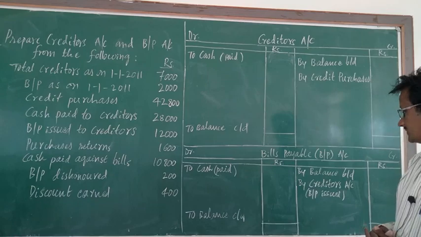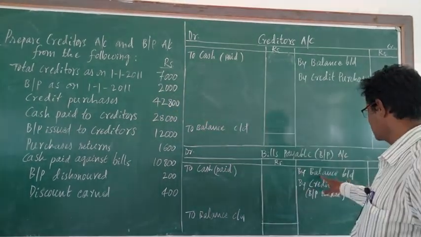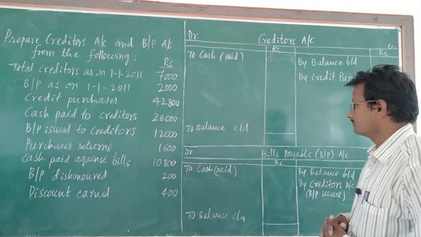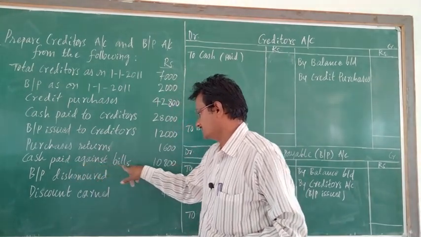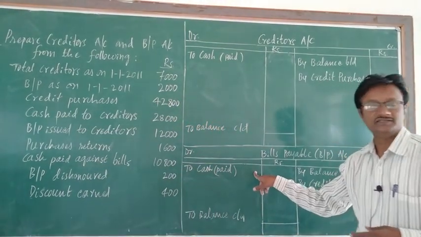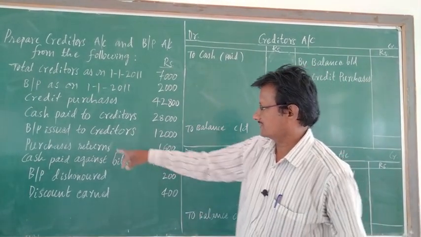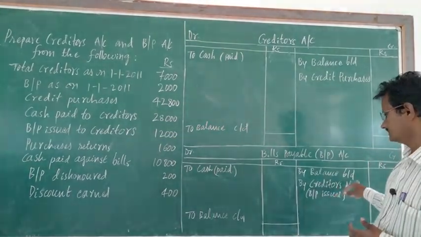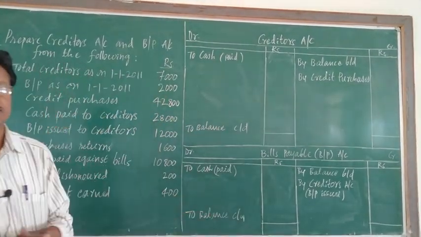Likewise, in bills payable account, opening balance of bills payable is given. You have to take it on the credit side, and cash paid on maturity of bills, that is cash paid against bills 10,800, is also given, and bills payable issued or accepted to creditors is also given, and the fourth missing figure here is closing balance of bills payable account.